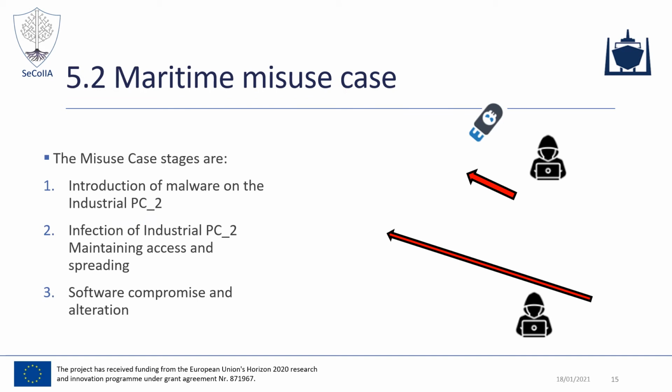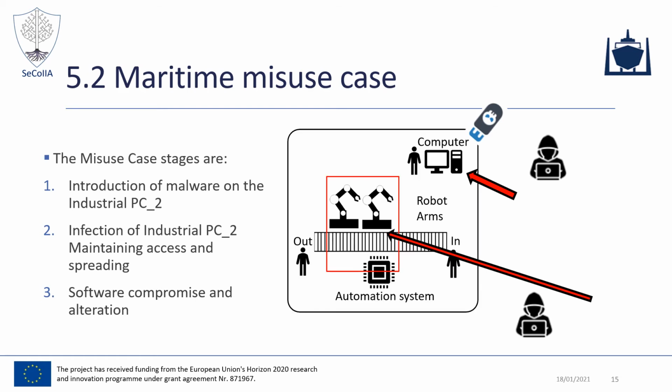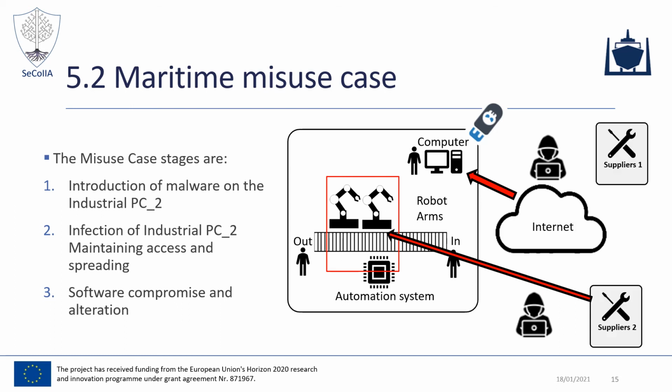So the use case that we described for this maritime use case, you will see that it happens in 3 stages. So the first one, the introduction of malware into the industrial PC, one PC that's inside the plant. This malware gets introduced by a USB, a bad USB inside any of the industrial PCs, and then the infection happens.